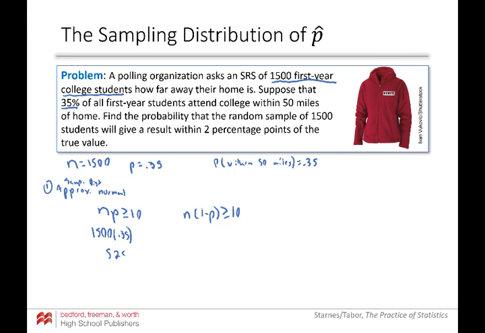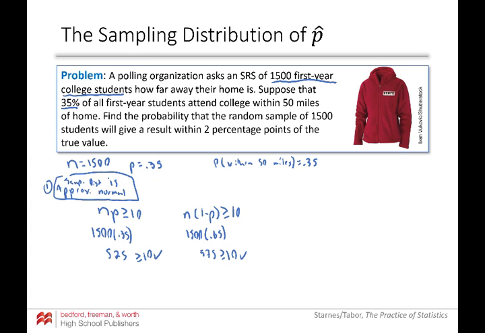So yes, that's greater than or equal to 10. Check. And then the other one is 1,500 times 1 minus 0.35, which is 0.65, is 975. That is greater than or equal to 10. Check. So we can say the sampling distribution is approximately normal.